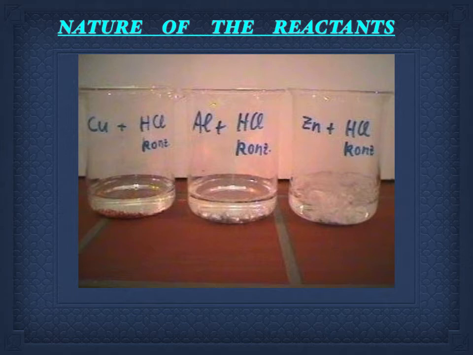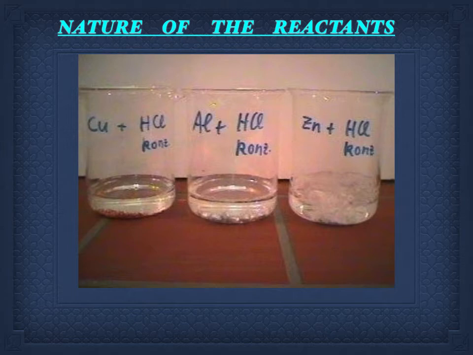From this reaction of aluminum, copper, and zinc, we observe that the reaction of aluminum metal takes place faster as compared to the other two metals. That means the nature of the metal is responsible for this difference.